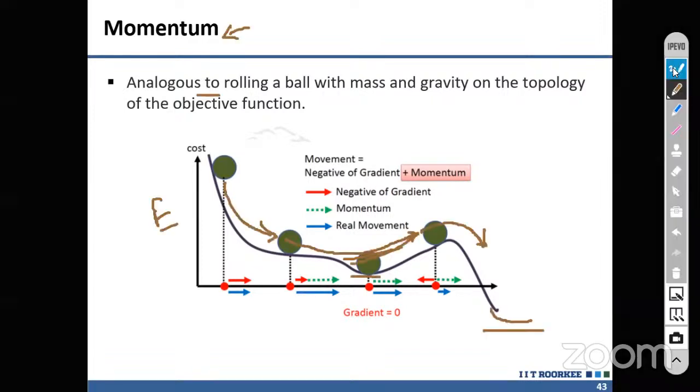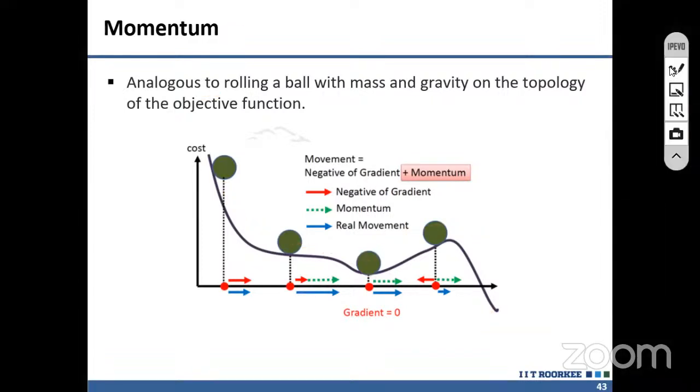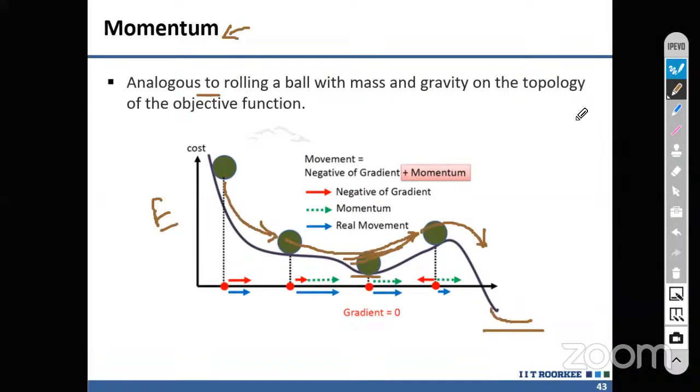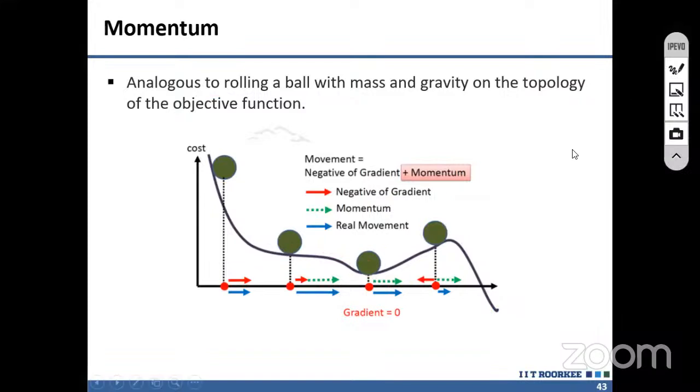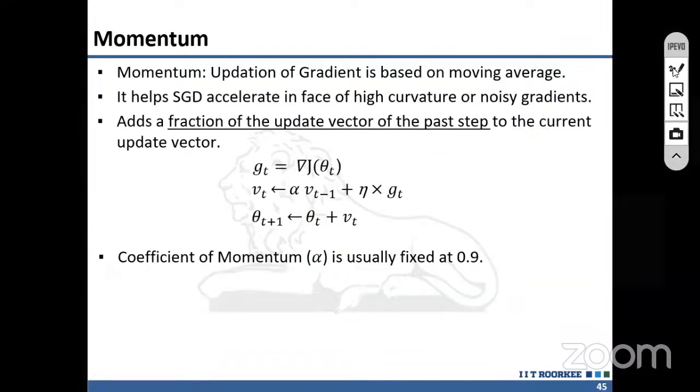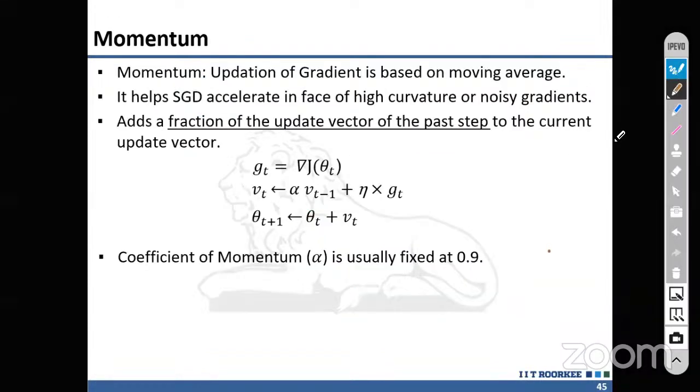So how can we implement momentum? Momentum is implemented using the historical data of the gradient. Initially, whatever the gradient information was on the surface, the adjustment delta W, that was the gradient.